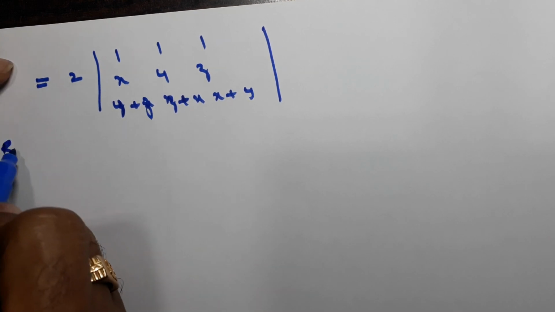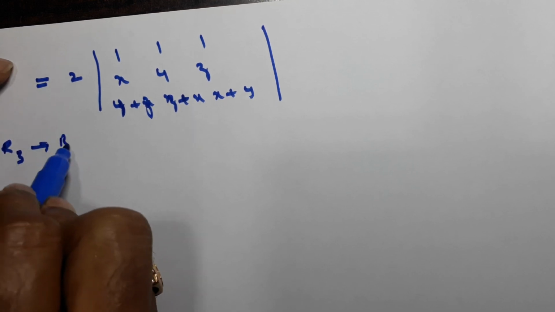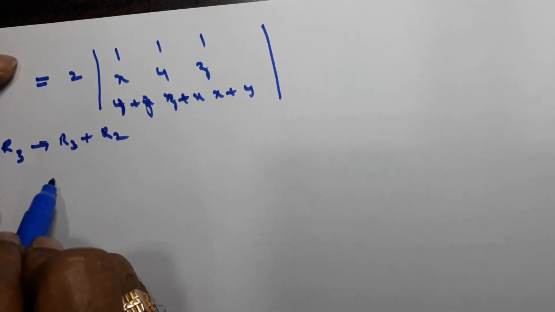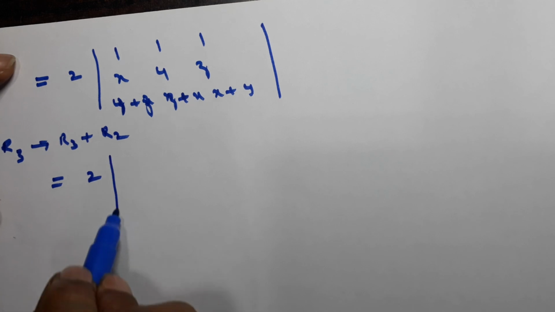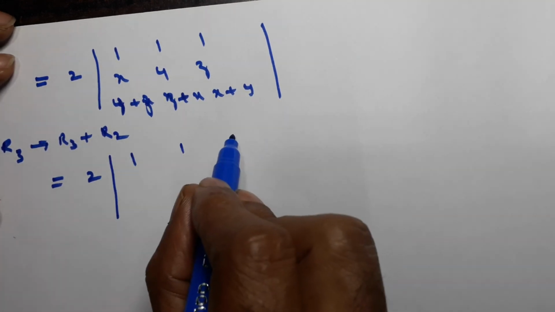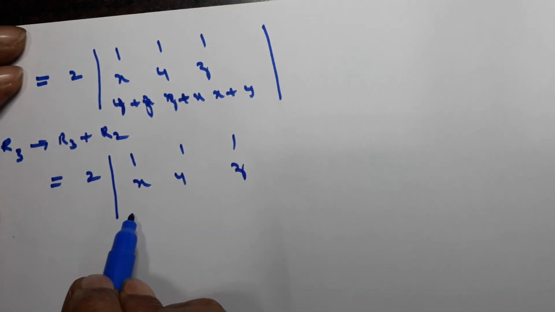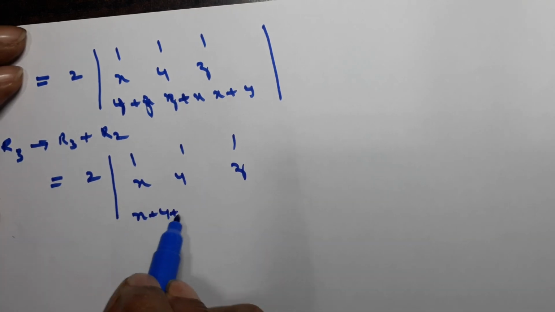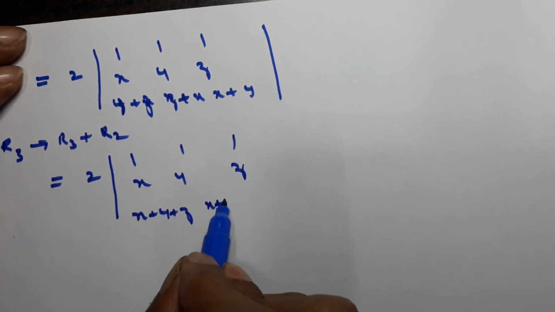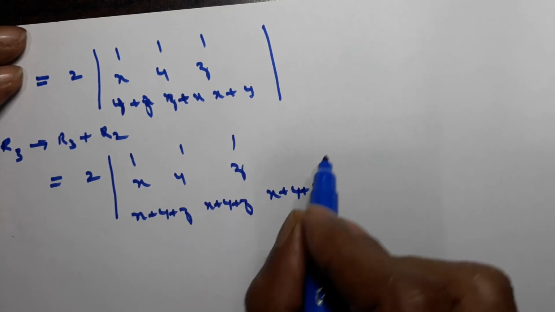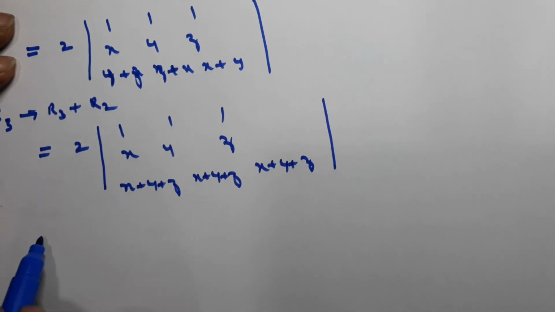So R3 to R3 + R2 gives 2 into the determinant 1, 1, 1, x, y, z, x + y + z, x + y + z, x + y + z.